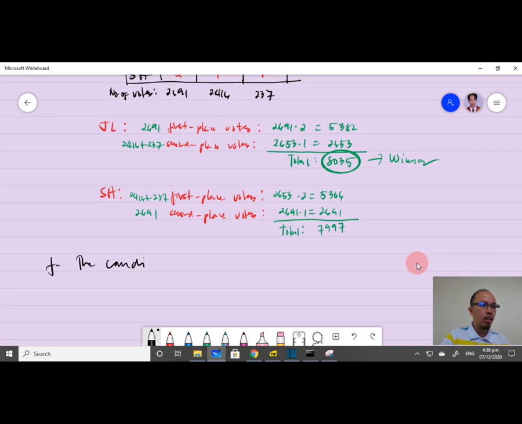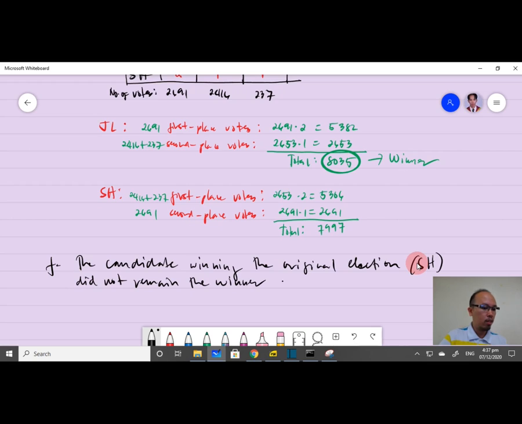So the candidate winning the original election, which is in letter A, which is Stephen Hyde, did not remain the winner in a recount after the losing candidate withdrew from the race.